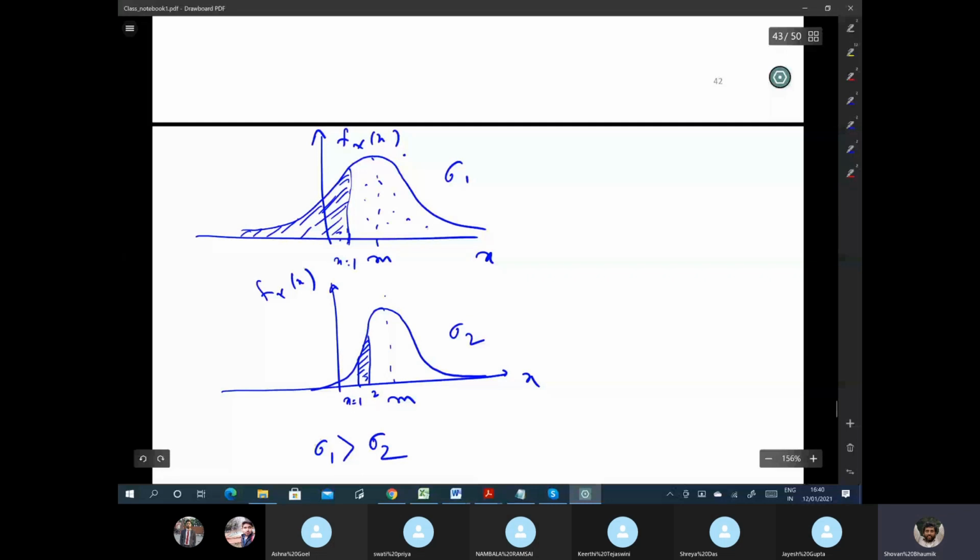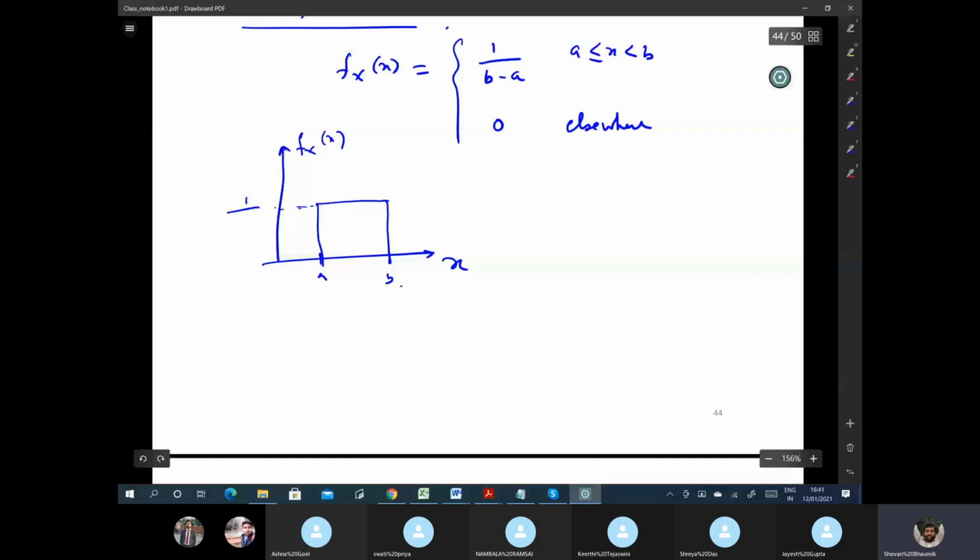If we want to draw it, plot x versus a, b, and the area should be unity. So this height will be 1 by b minus a, and 1 by b minus a times b minus a will be unity. That is the constraint.